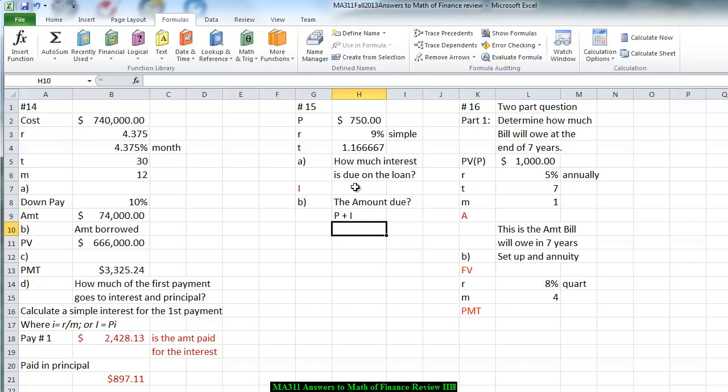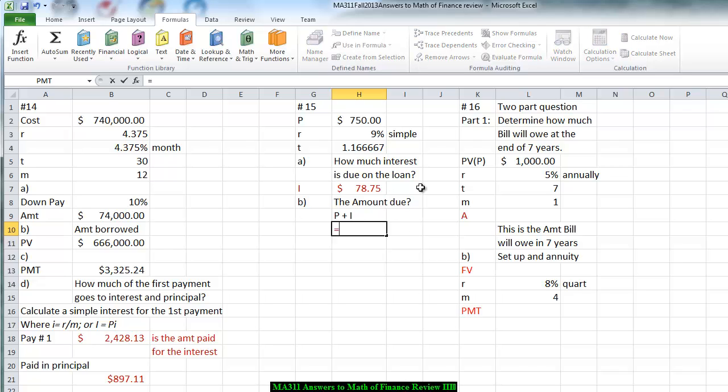Well, how much interest is due on the loan? Therefore, the amount of interest due on the loan will be I, which is equal to the principal, which is the P, times the interest rate, times the time, and that tells us that the amount of interest will be $78.75. How much is due on the loan?